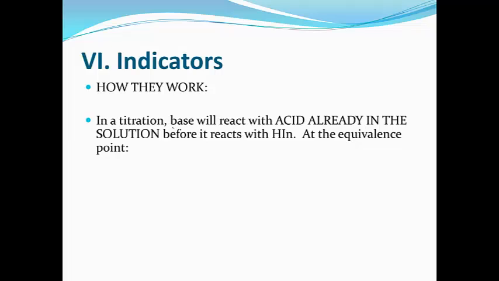Now, in a titration, the base reacts with the acid that's already in the solution that you're titrating. It won't react with any of the indicator molecule until you reach the equivalence point. Once you reach the equivalence point, all the acid has reacted with all the base that you're adding.